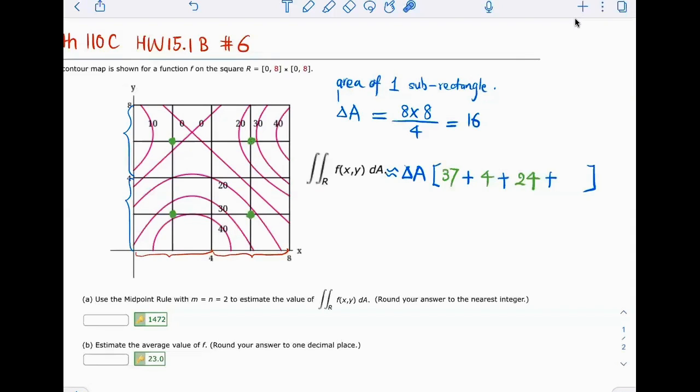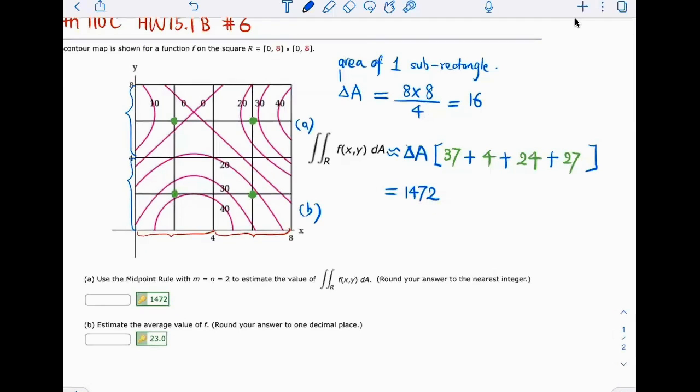Let's say it's 27. And then if you do the calculation, that is equal to 1472. So this double integral is approximately 1472. Okay, so that's part A.